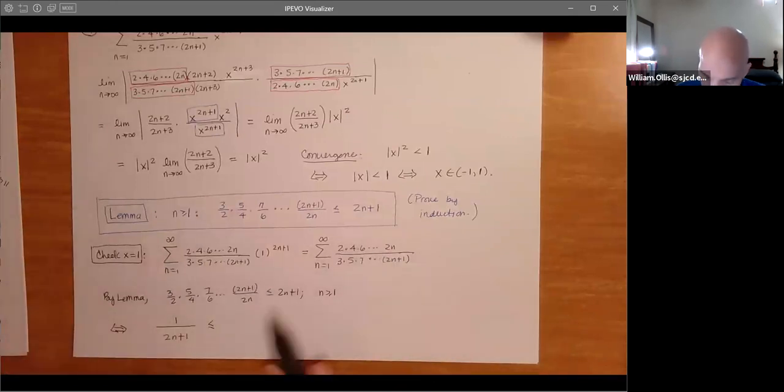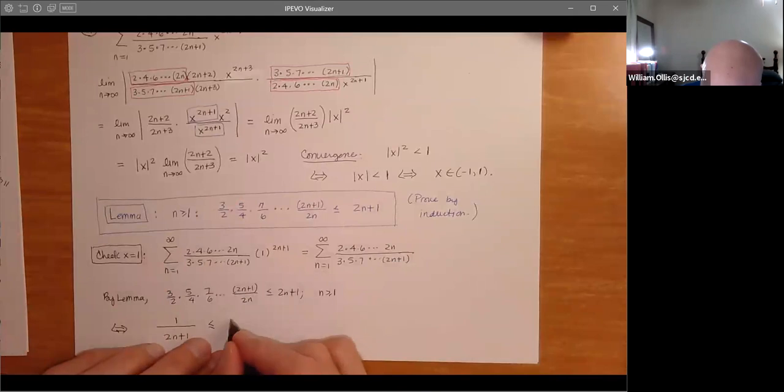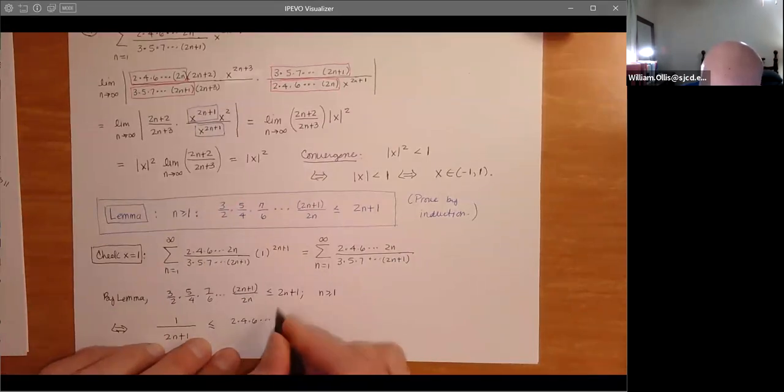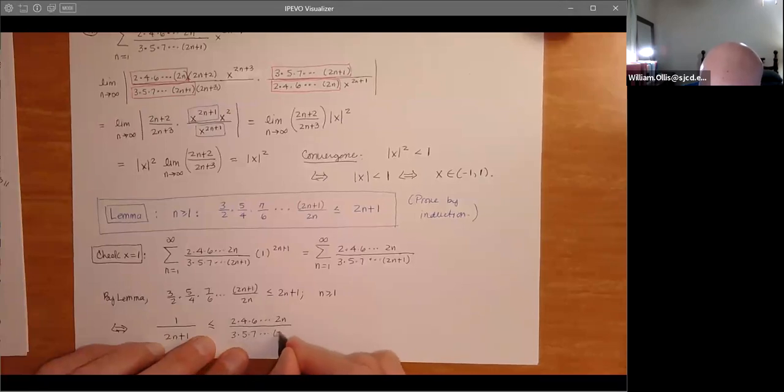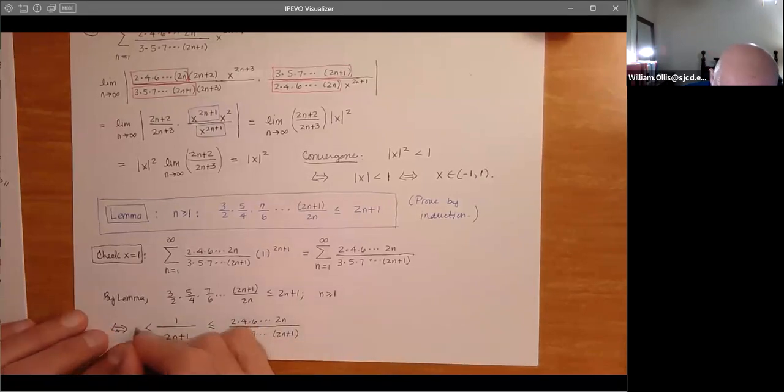You've got the ingredients you need. So this is less than or equal to 2 times 4 times 6 to the factor 2n, and then 3 times 5 times 7 to the factor 2n plus 1. Now, of course, this is positive.